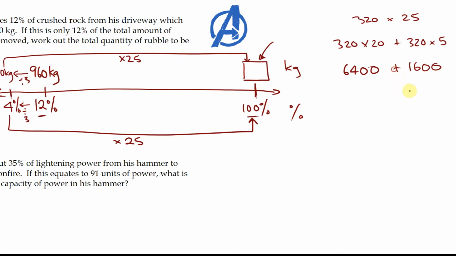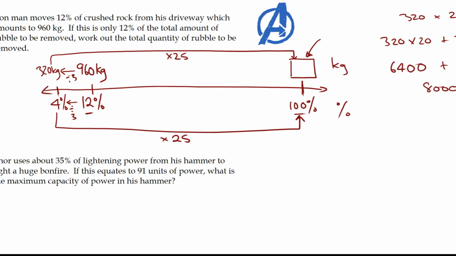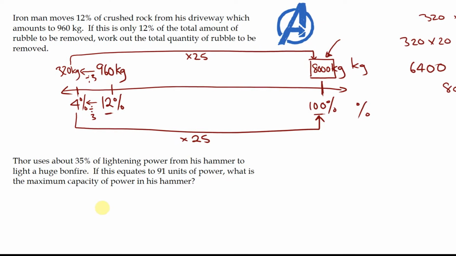Adding these two together, I get 8,000. So 320 times 25 is 8,000 kgs. So 8,000 kgs is the total quantity of rubble.